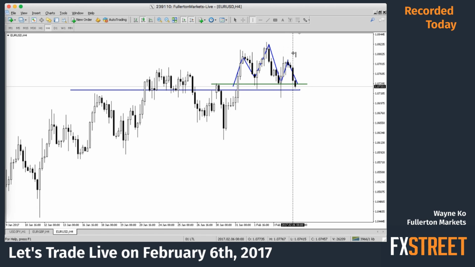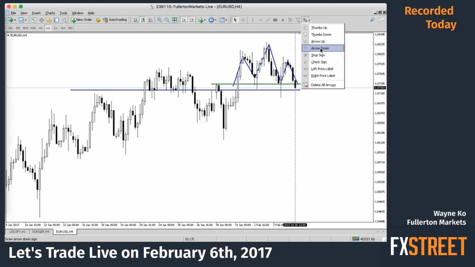Let me just mark, this is the current candle. So it will close in another hour or so. So once it closes, if it's really below the green line, that will be the textbook way of trading the head and shoulder.